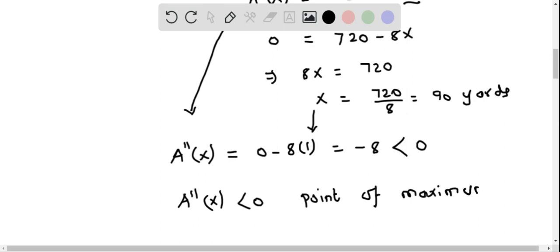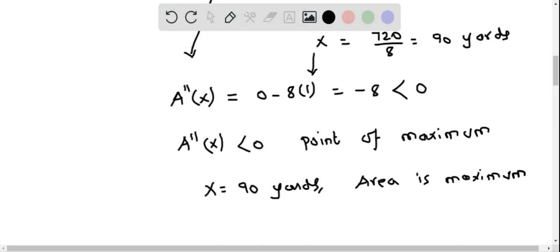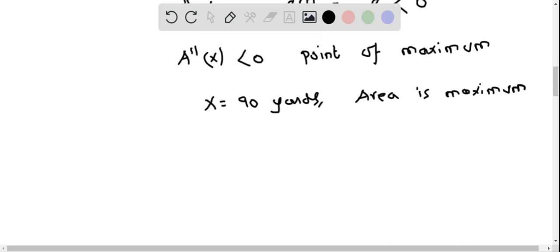That means we can now say that at x equal to 90 yards, the area is maximum. So we have verified that at this critical point, the area of this field is maximum. And this means we can utilize this dimension, x equal to 90 yards.